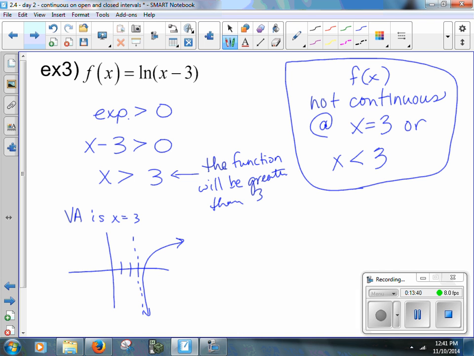Can I find it from the right? No, because then it's just going to negative infinity. If I can't even get there from the left, and it's going to negative infinity from the right, will a limit exist? No. Which means it's going to be discontinuous somewhere, right? And by looking at this graph, if you see an asymptote, what do you assume it's going to be? Infinite discontinuity.